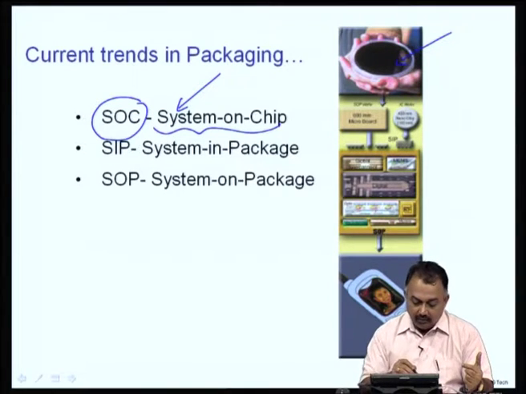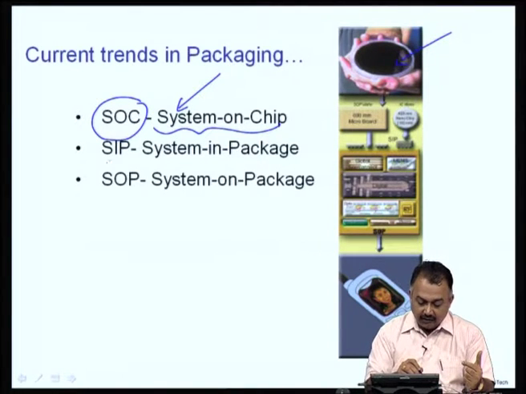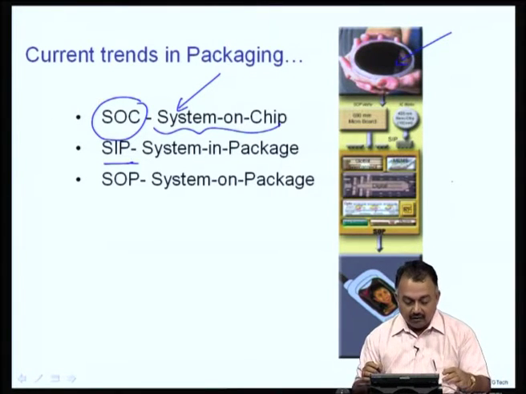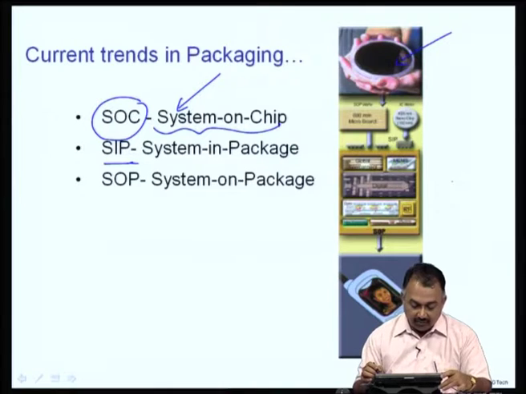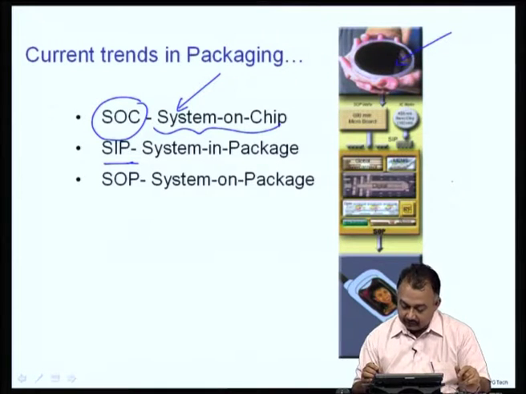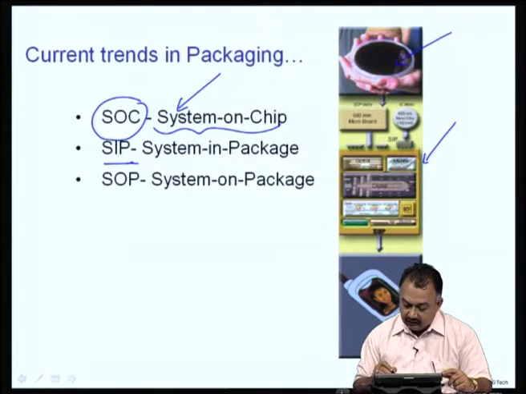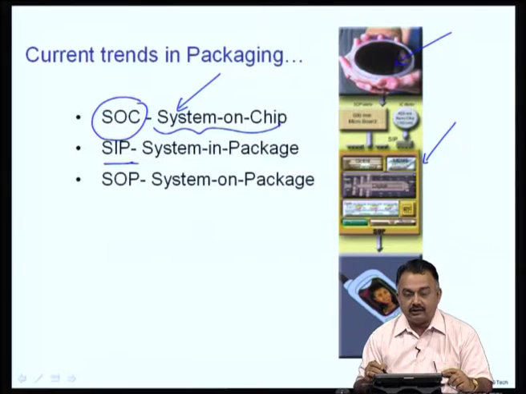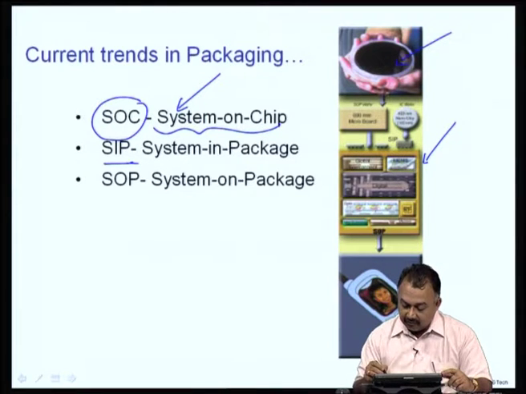Okay. Now, let me introduce another term called system in package. How do you define, or what do you mean by system in package? So, if you look at a figure here, you can see that there can be different ICs. An IC can be a MEMS IC, it can be a RAM, it can be a cache, it can be a memory.